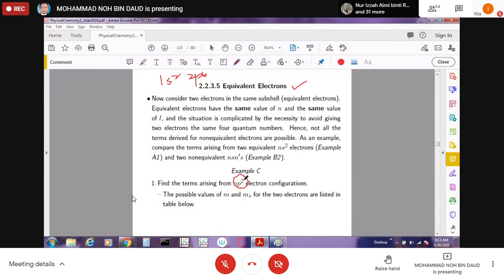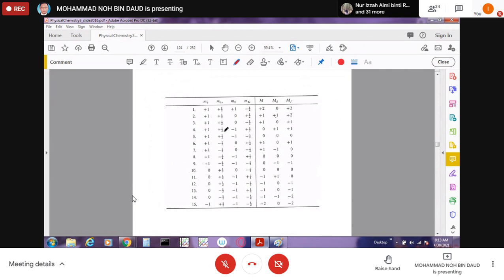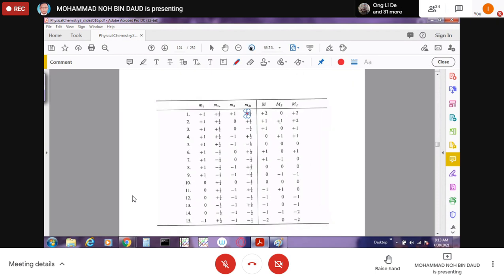So we must use these tables, because from this table you can identify, like here, you cannot have positive 1, positive 1, positive half, and positive half here. Okay, you cannot have this.